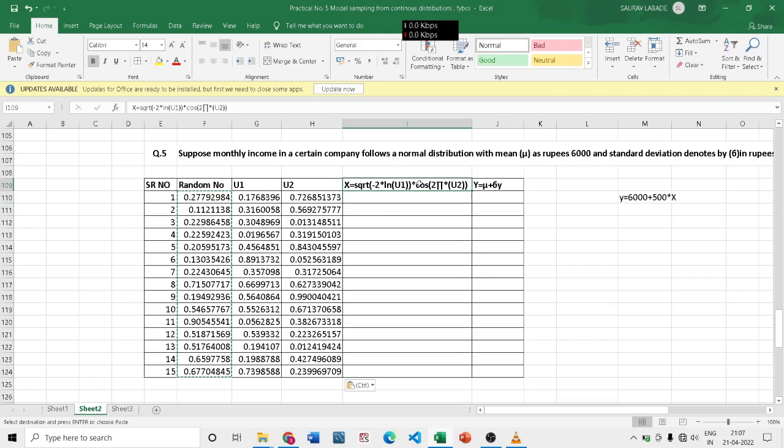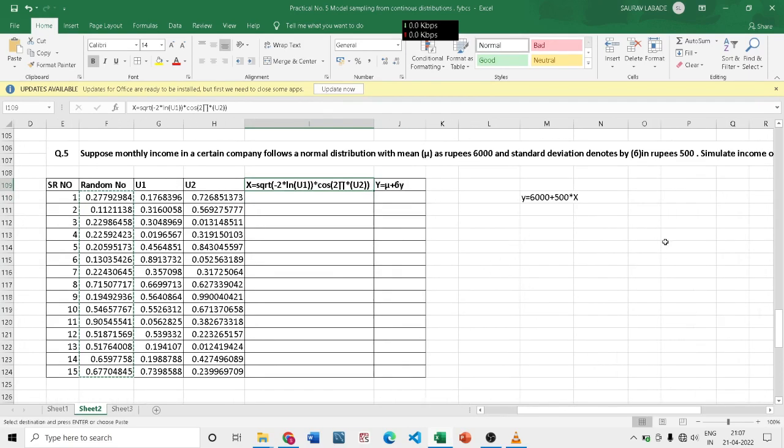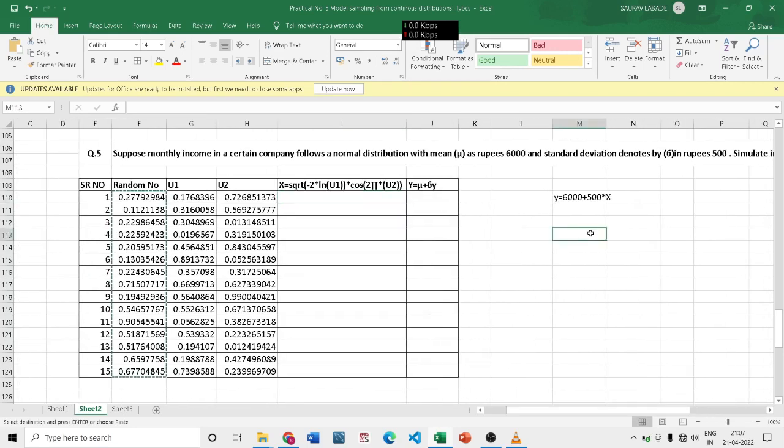Now we have to use this formula, which is called the Box-Muller transformation. The formula is the square root of minus 2 ln u1, into cos of 2 pi into u2. Here we are taking the value of pi as 3.14.